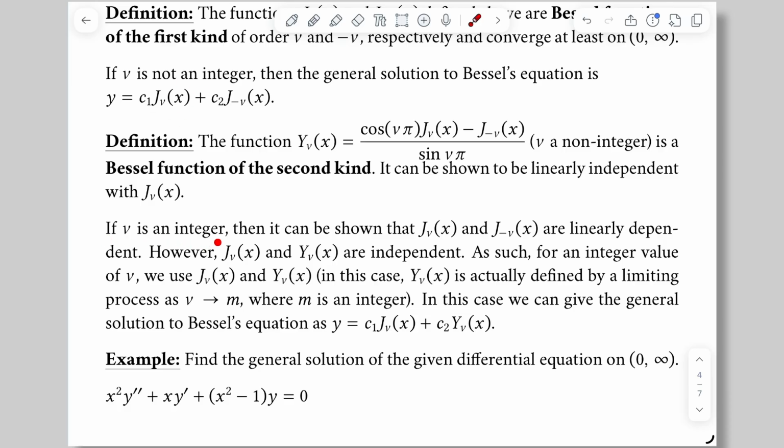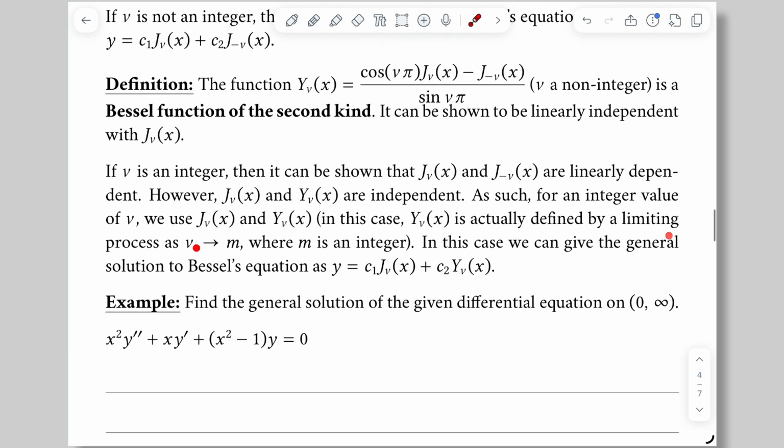If nu is an integer, then J sub nu and J sub negative nu are linearly dependent. We can't actually have nu equal an integer because the denominator of Y is sine of nu pi. Any integer would zero out the denominator. But using a limiting process, as nu goes to m, where m is an integer, we can define the function Y sub nu in the event that nu is an integer.